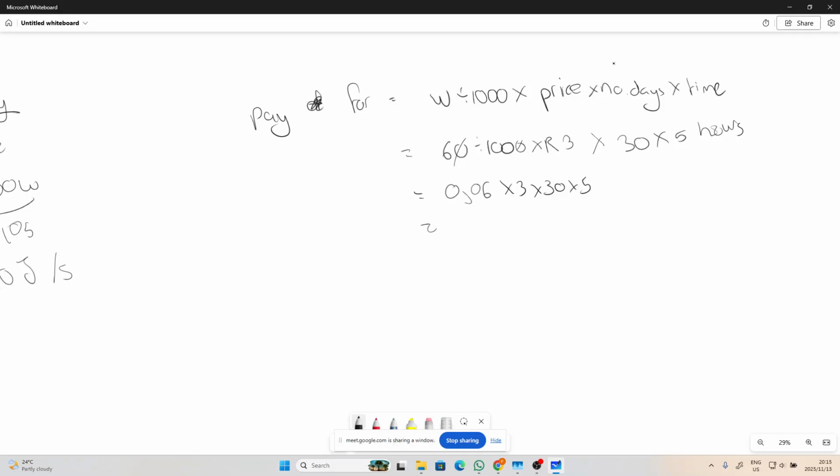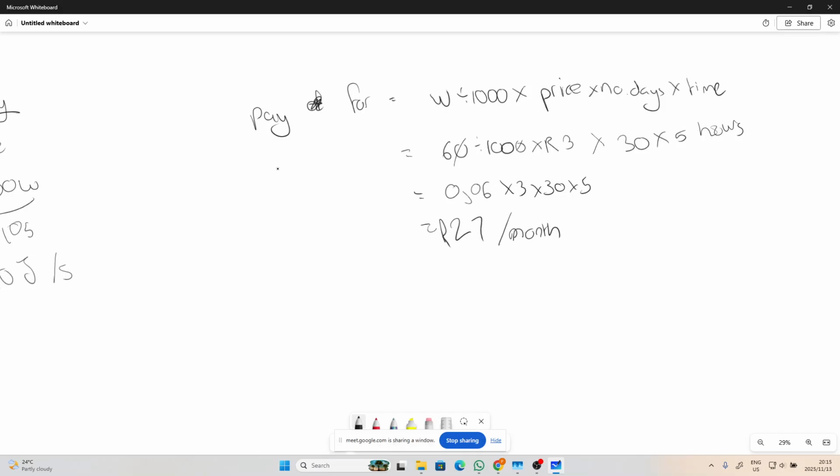It doesn't matter in which order your formula is in because it's multiplication. So 0.06 times 3 times 30 times 5 is 27. 27 rand per month to use this appliance. That's how you calculate that.